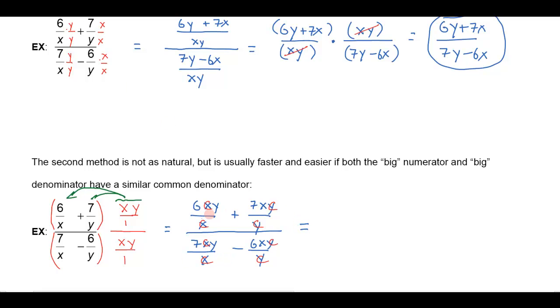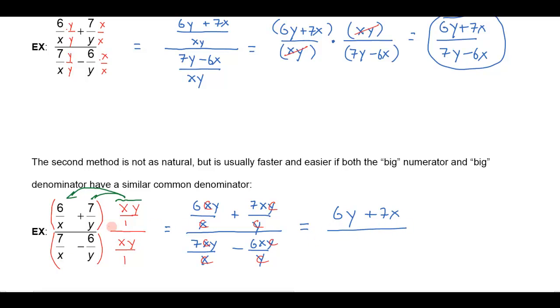And so usually in practice you would just skip this step, you'd distribute the xy over and you'd see the x's cancel, and you just write 6y, which is of course what I have here, and you distribute over here and your y's would cancel and you just get plus 7x. Okay? And then in the denominator, the same thing.